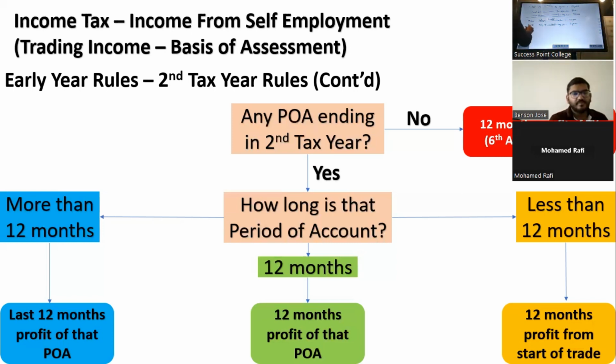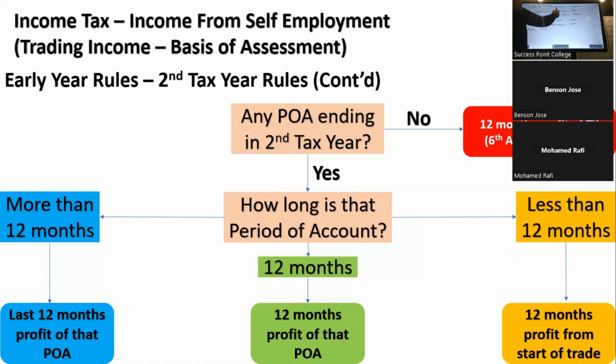Then from 21-22, it would be current year basis. As I told you, in every situation except the one we discussed, when there is no accounting period ending in the second tax year, only in that case will we still take some rules for the third tax year. But in any other situation, from the third year we will convert to current year basis.